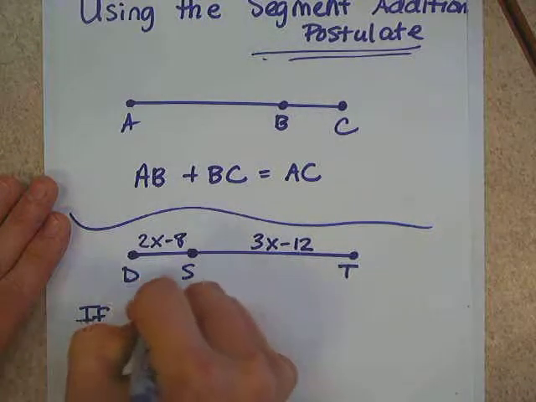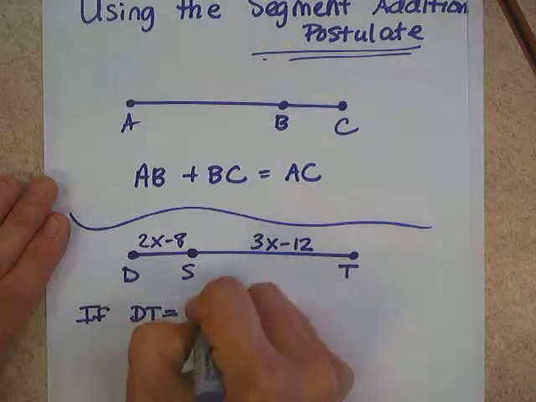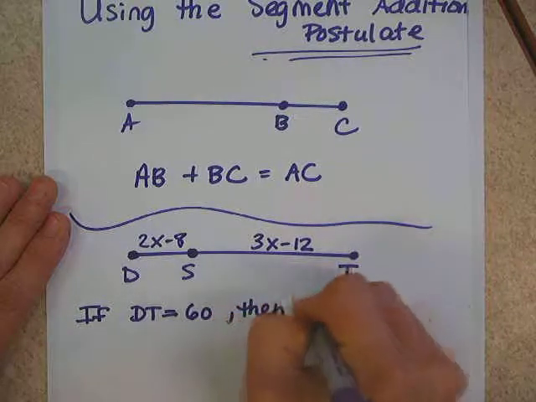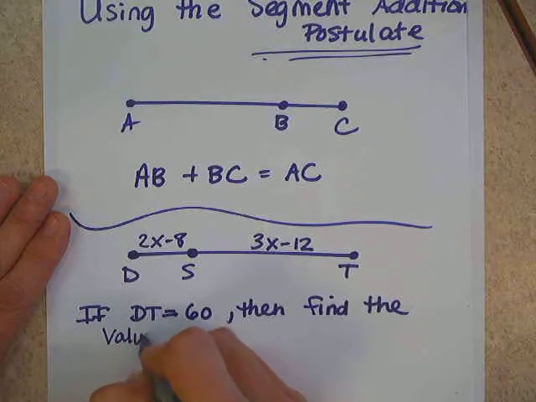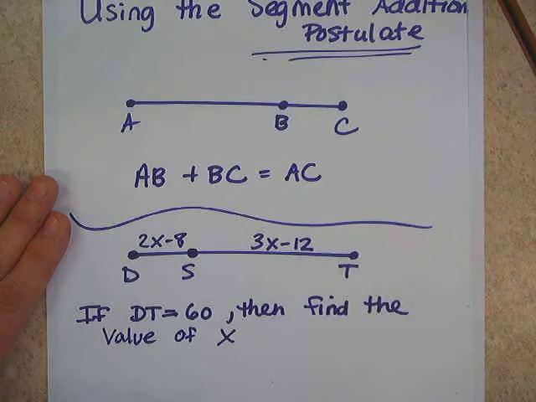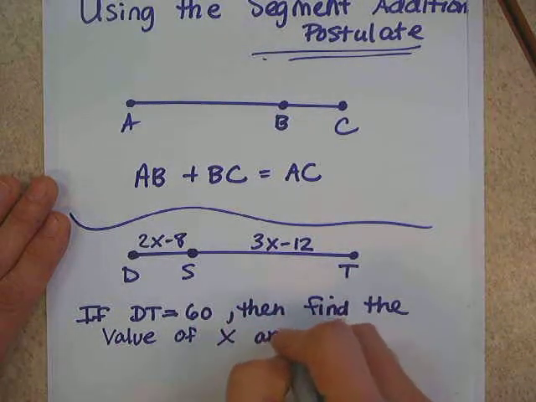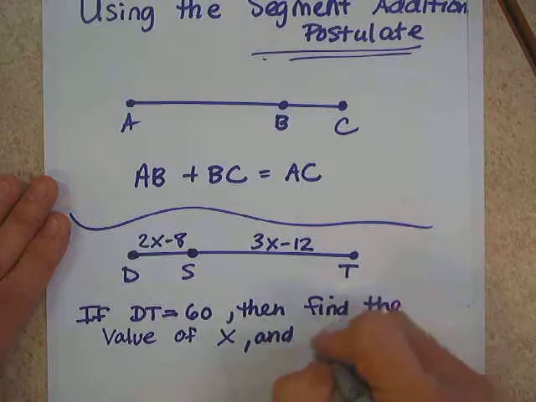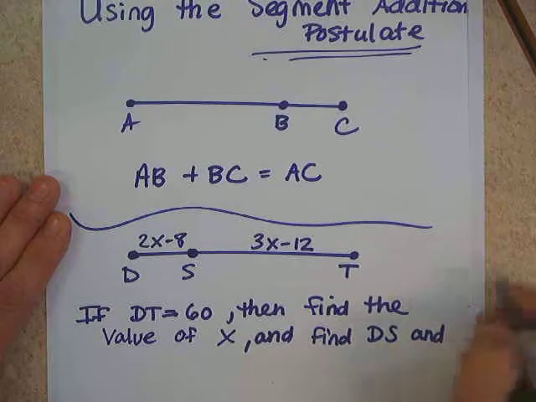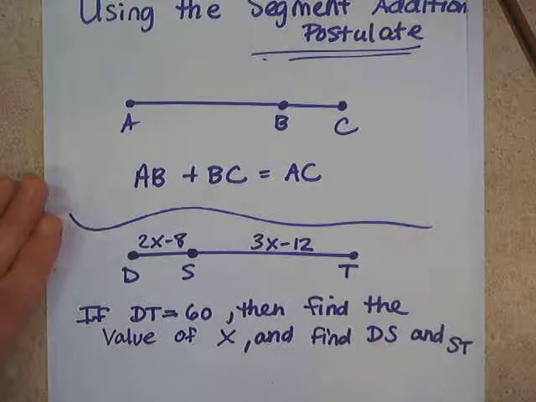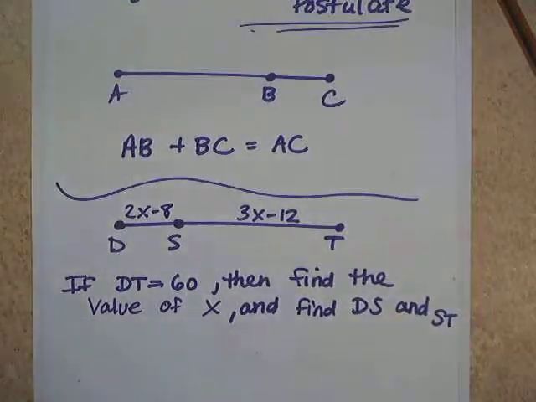And your instructions would be, if DT equals 60, then find the value of x and find DS and ST.